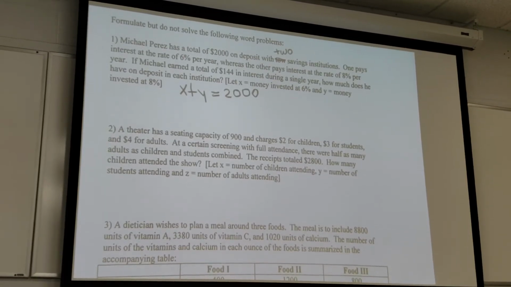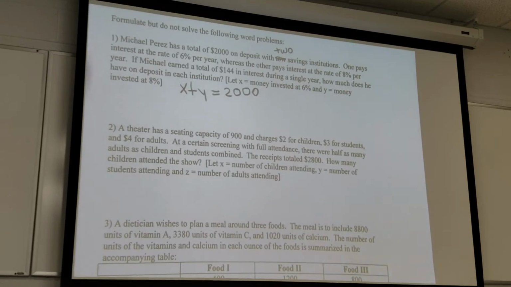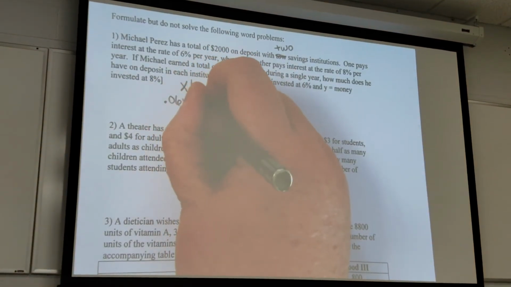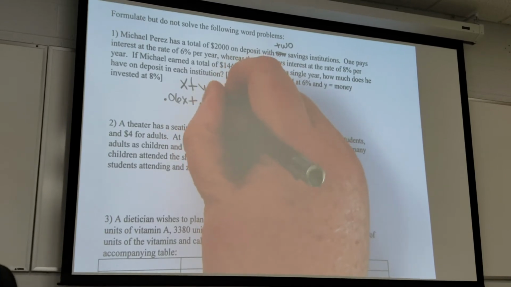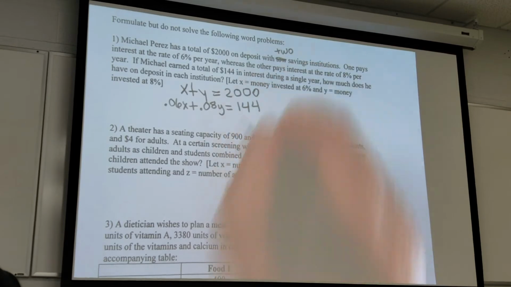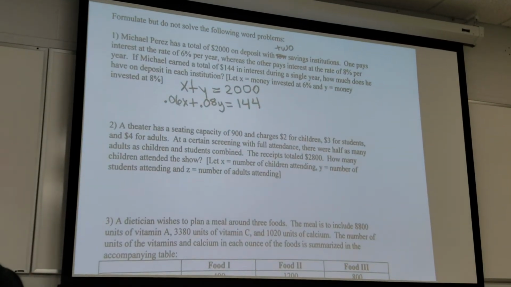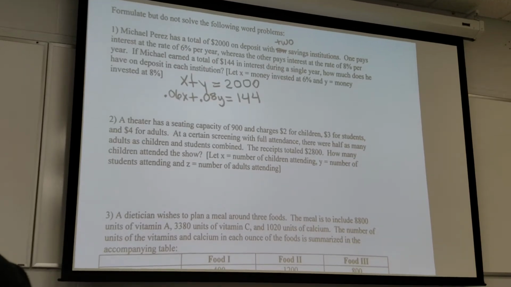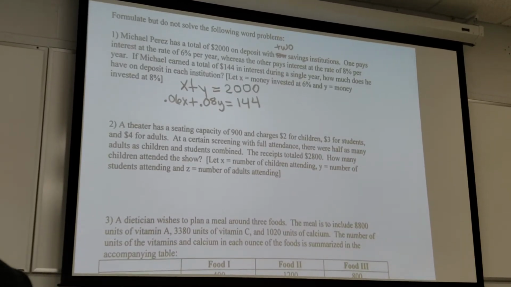You're going to have to write it as a decimal. So 6% is 0.06 times x plus 0.08 times y equals 144. That is how you formulate it, but do not solve it. Because 144 is the interest he earned.